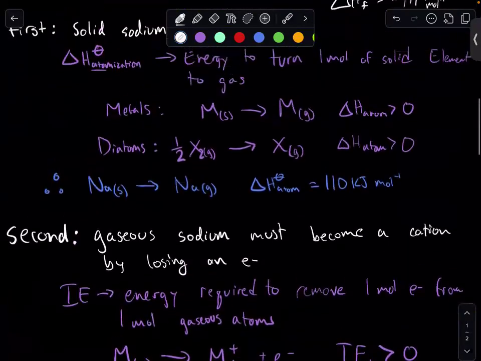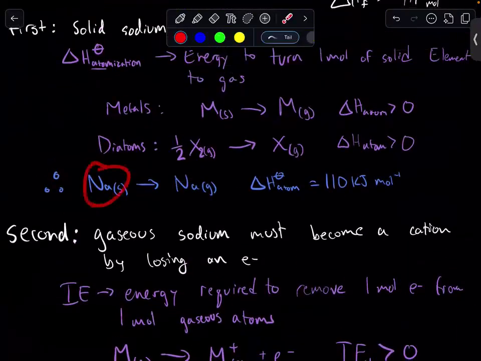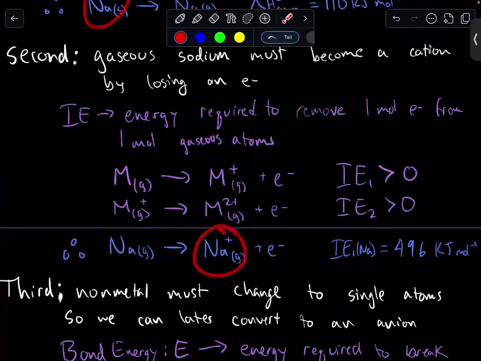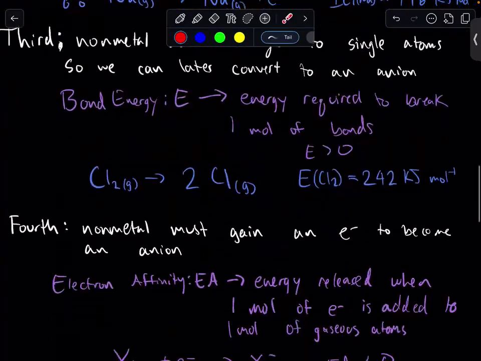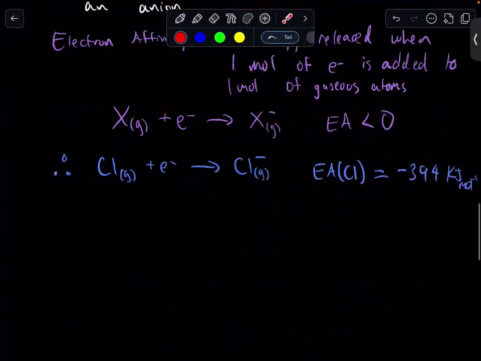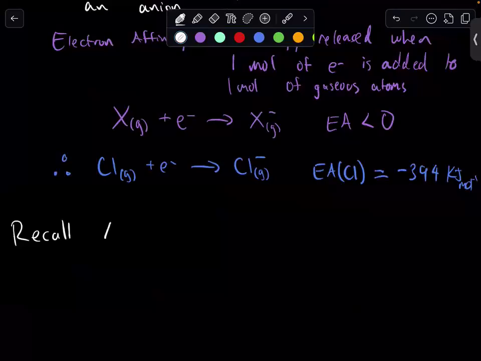So to reiterate, we turned sodium into sodium ions in a gaseous state. We turned chlorine into chloride ions in a gaseous state. So now we have to bring them together. That's enthalpy of formation. But there's one thing we must also think about before we finish this off. So let's recall delta H lat.